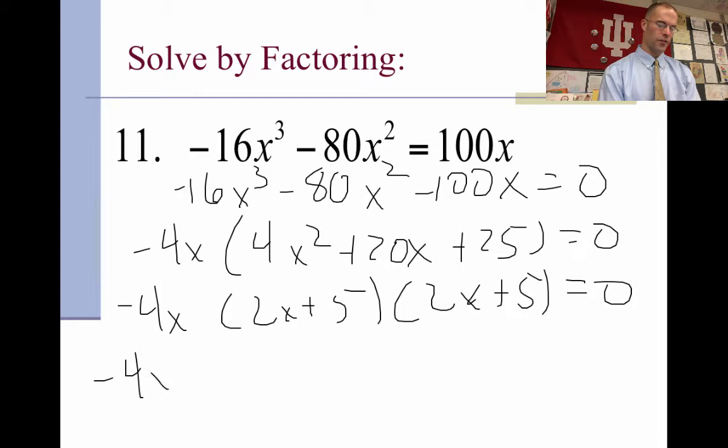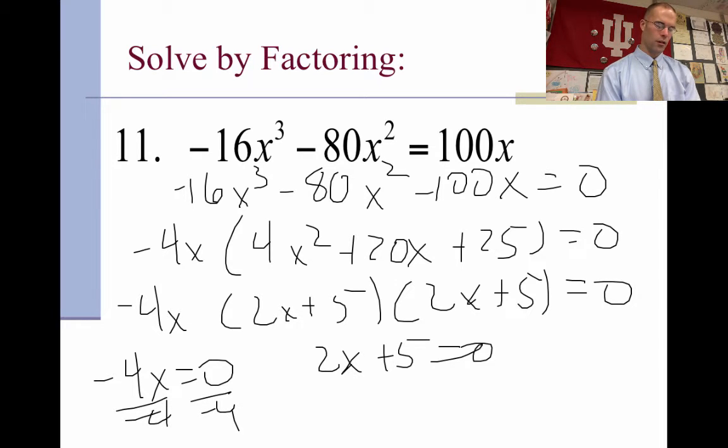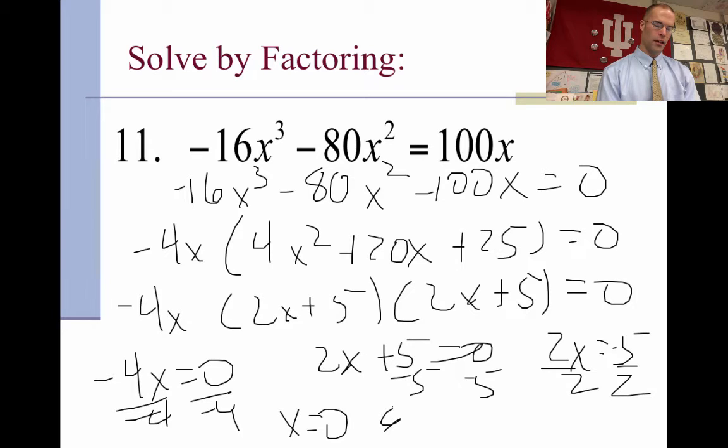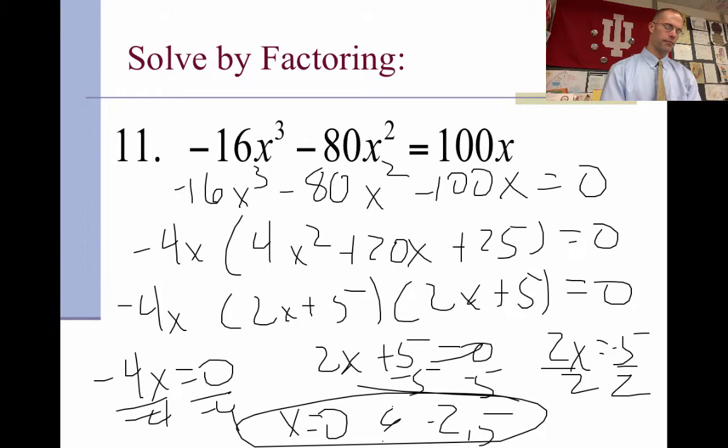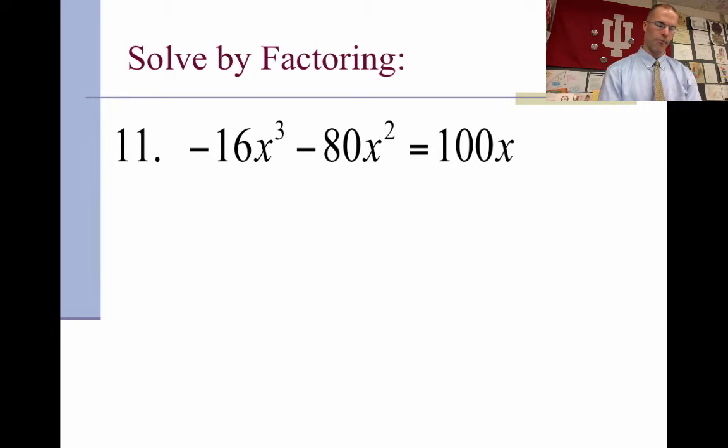So you got negative 4x equals 0, and since they're the same, it's just 2x plus 5 equals 0. Divide by negative 4, so x equals 0, subtract 5, so 2x equals negative 5, divide by 2, and negative 2.5. Or negative 5 halves if you leave it like that.